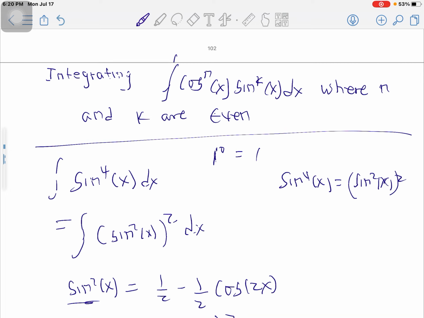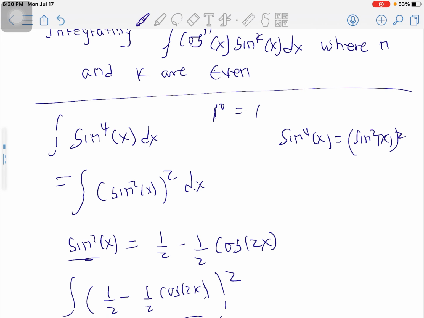So in my previous video, we talked about how we can integrate a product of the cos and the sine functions where both the powers are even.